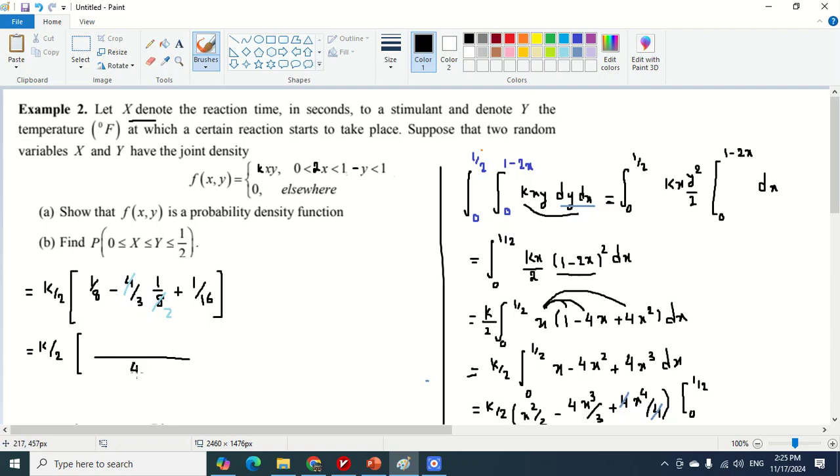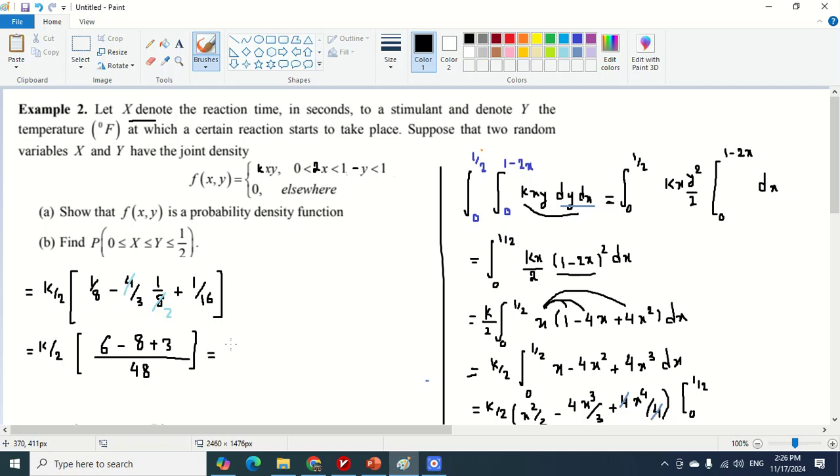So 6 will be the value over here, minus 8 and plus 3. So at the end of the day, the value will be as follows: 6 plus 3 is 9, minus 8 is 1, so 1 over 48.